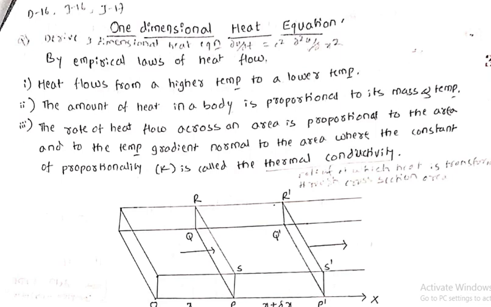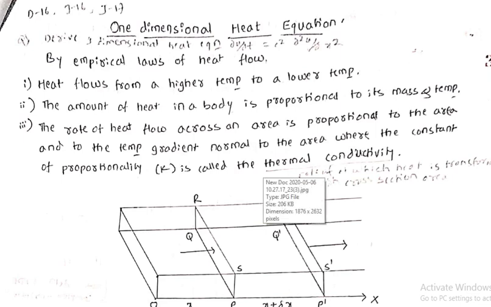The amount of heat in a body is proportional to its mass and temperature. The rate of flow of heat across a cross-sectional area is proportional to the area and the temperature gradient normal to the area, where the constant of proportionality K is called thermal conductivity.